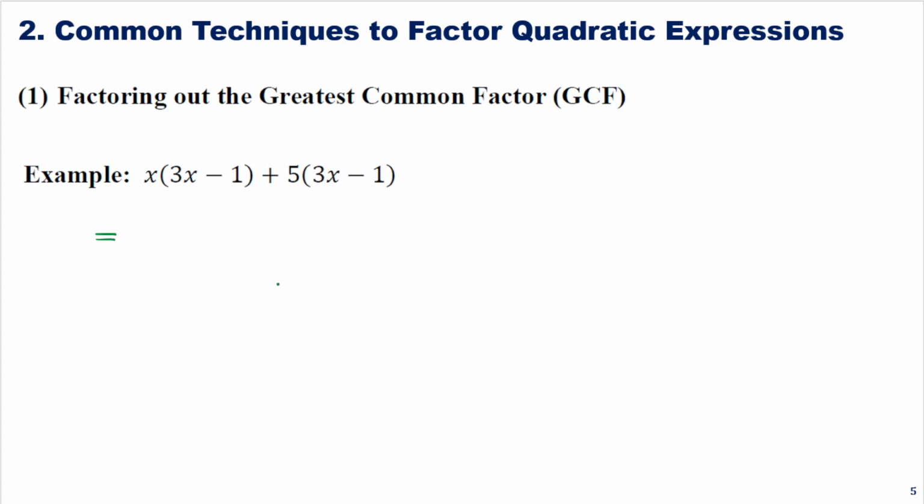If we put 3x minus 1 in front, then what's left in the parentheses is just x plus 5, right? So this is the method called factoring out the greatest common factor. So when you are facing a quadratic expression, always think about whether you can factor out the greatest common factor first.